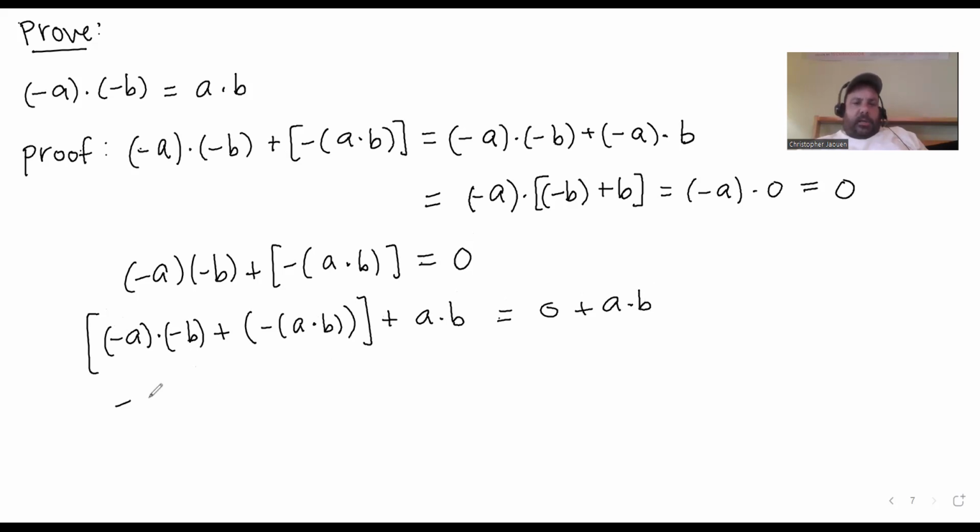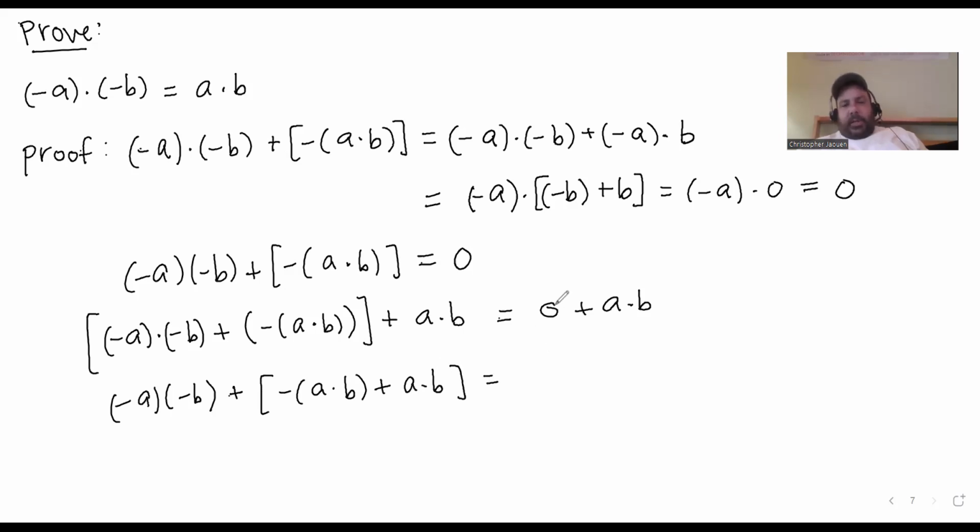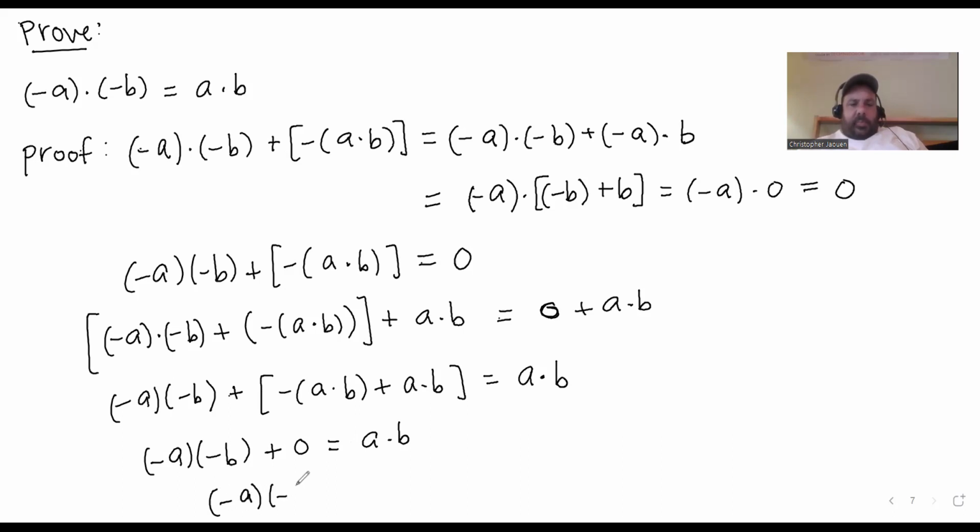Right, and we can reassociate negative a times negative b plus negative a times b plus a times b. Remember when you add 0 to anything, it doesn't change the value, so this is a times b. And here we get negative a times negative b plus 0 equals a times b. But again, when you add 0 to anything, it doesn't change the value, so we have negative a times negative b equals a times b.